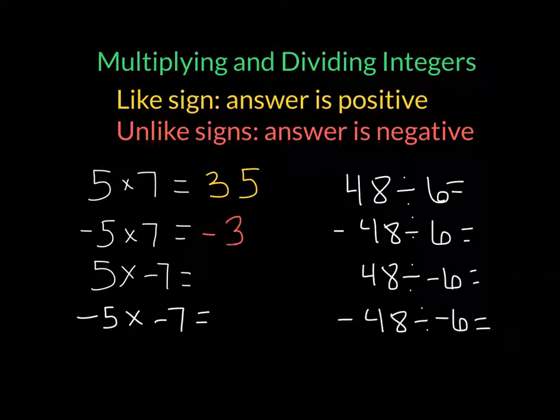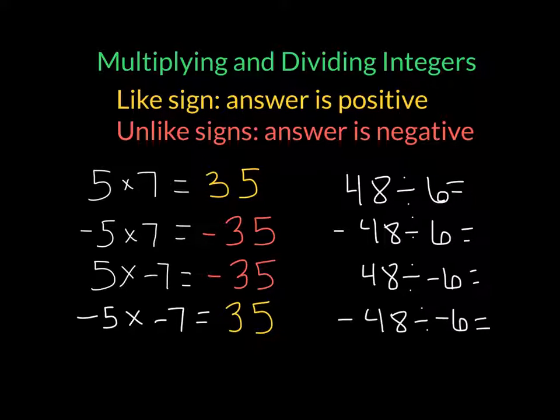So my answer is negative. 5 times negative 7, those are also unlike, which means that answer is also negative. Notice again, it didn't matter which one was negative. One of them's negative, the answer is negative. The last example, they're both negative, and because they're like, my answer is positive.